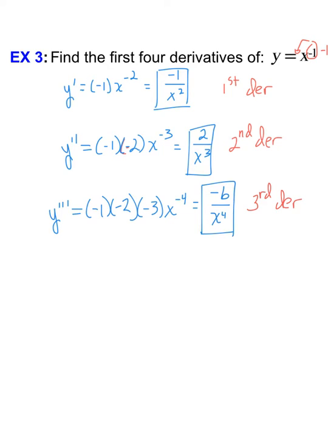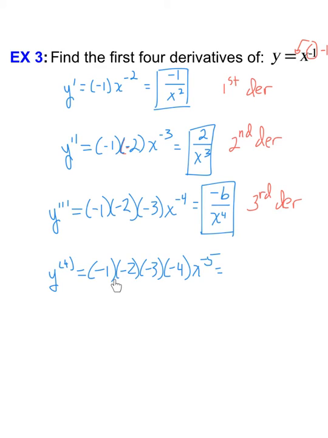And then finally, the fourth derivative is equal to -1 times -2 times -3. We're now going to swing that -4 in front and subtract 1 from the exponent, so we get a -5. And so that equals, we have an even number of negatives, so now I have a positive.